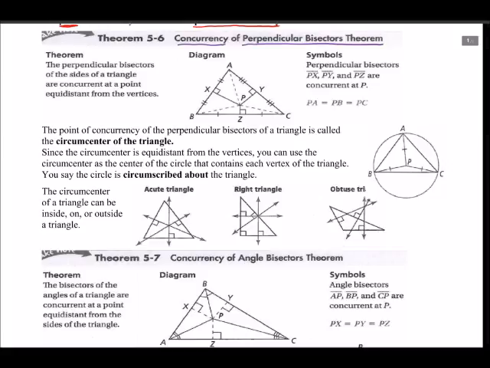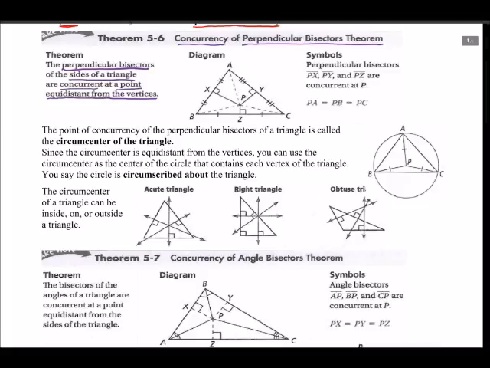So let's see what it says. The perpendicular bisectors of the sides of a triangle are concurrent, they come together, at a point that is equidistant from the vertices.